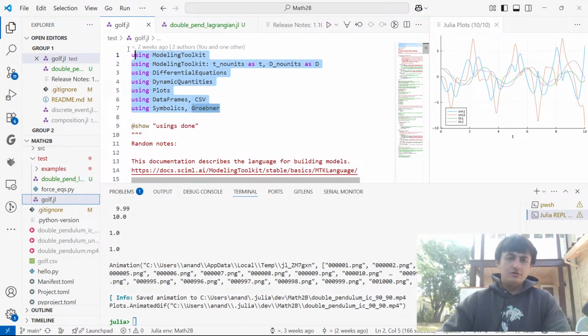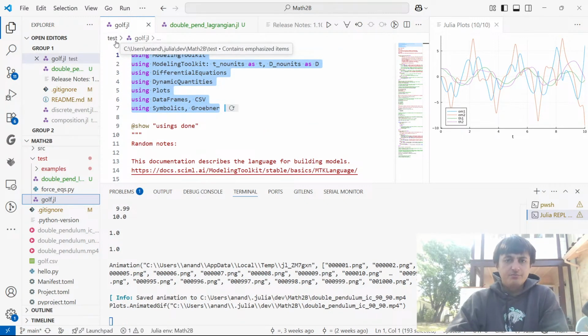All right, so most of these dependencies are garbage.